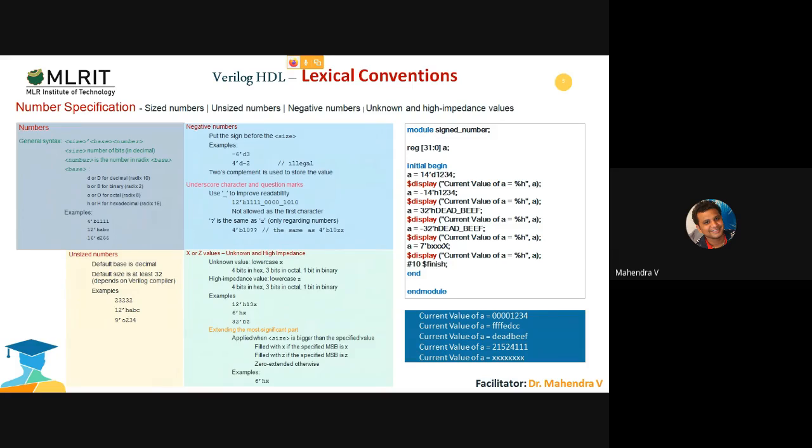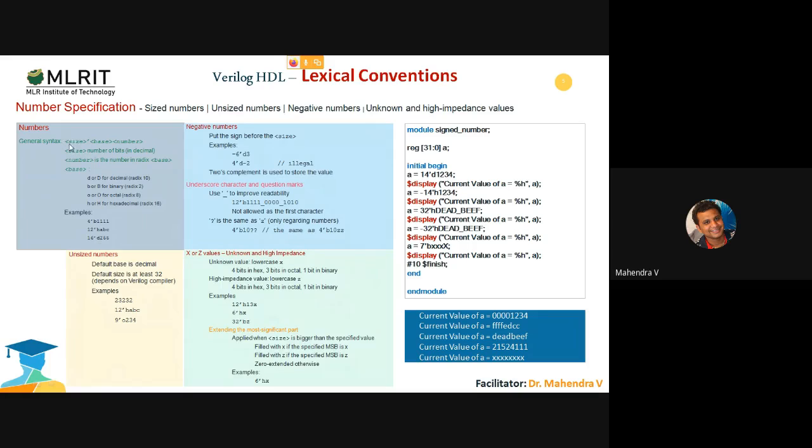You will be seeing 1'b0, like that we will be assigning initial values. In the test bench also, we are not assigning only 0 and 1. We are assigning 1'b0, right? That is because there are some specifications we need to follow while representing numbers. That is this: size, how many bits we are using.